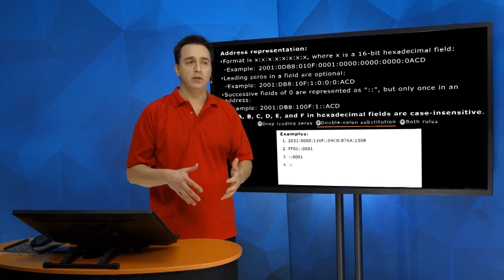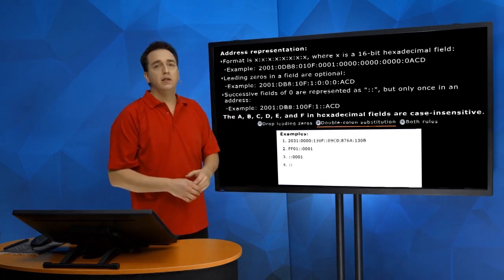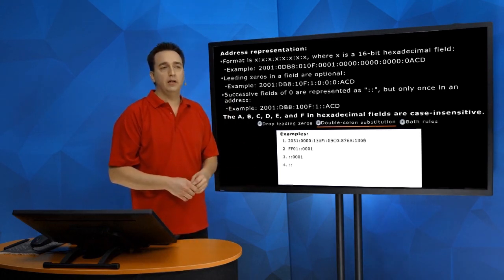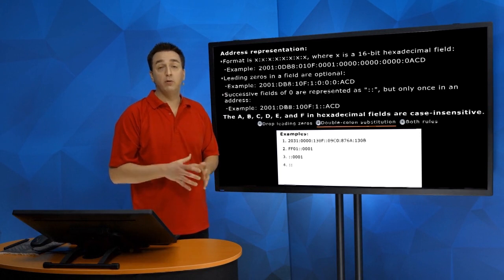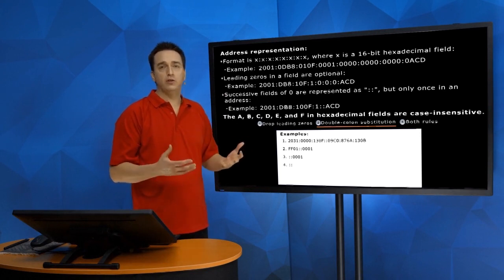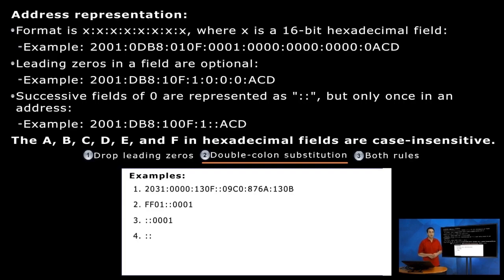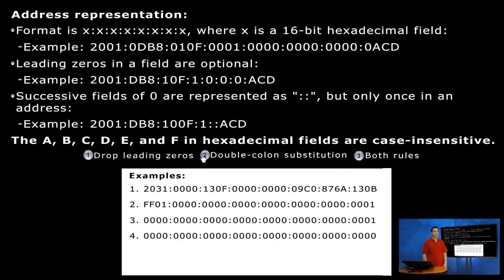Look at option number 3. It just ends up being double colon 0001. Or example number 2, FF01 double colon 0001. So let's look at the originals. There you go. So dropping or combining those successive fields of zeros into a double colon.